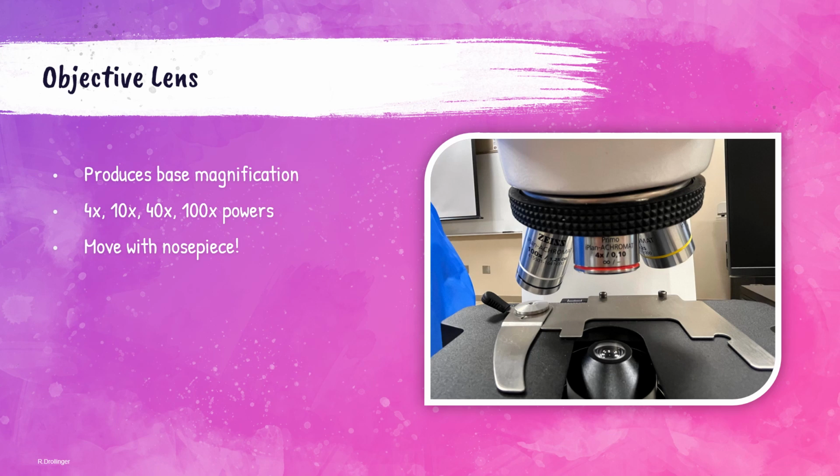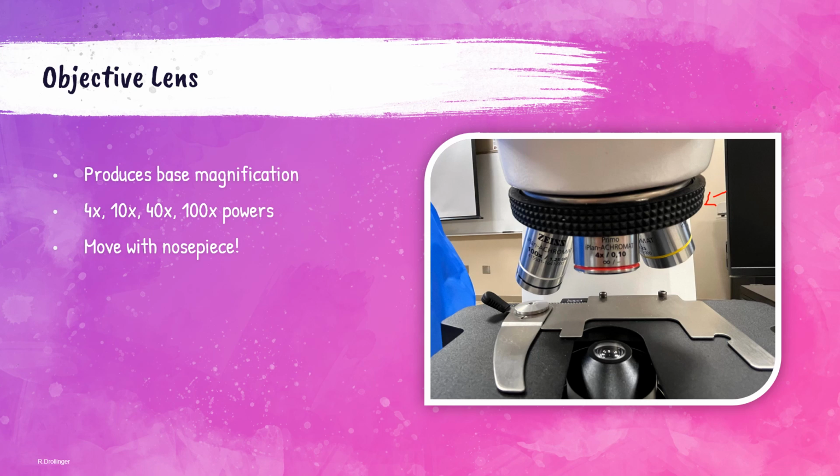So this here is the nose piece. You need to rotate between the powers by rotating the nose piece. You do not want to touch the objective lenses, so only move the objective lenses by the nose piece.